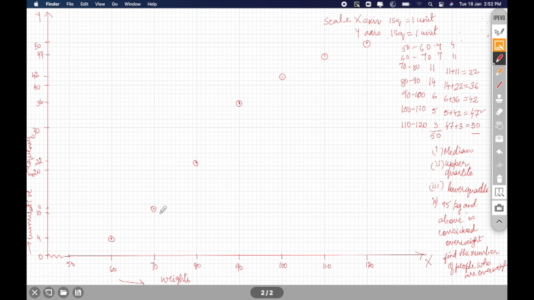Now these points are to be plotted freehand. Using a pencil, you will just join the points freehand. We are not supposed to use a ruler. So let us join, and if you can, please try to join all the points in one stroke.